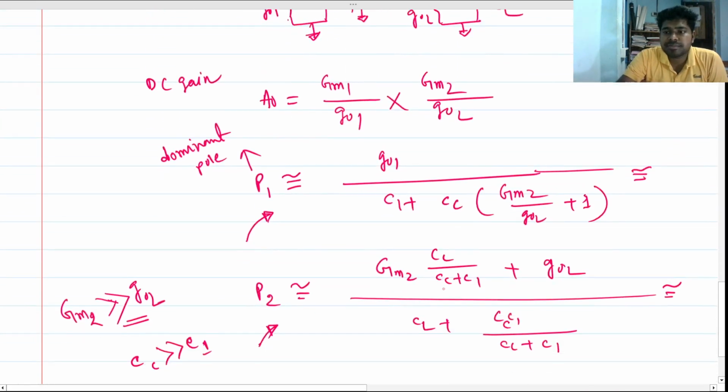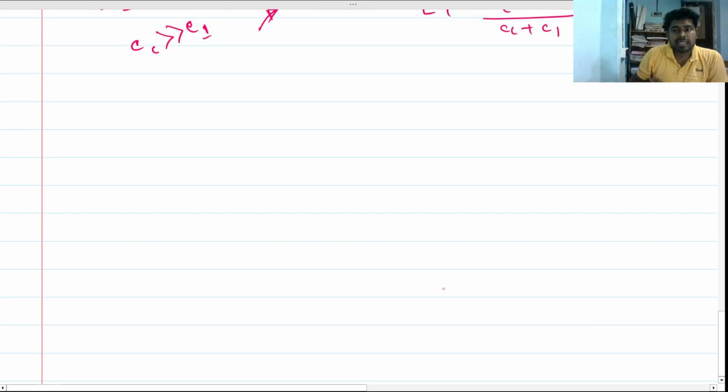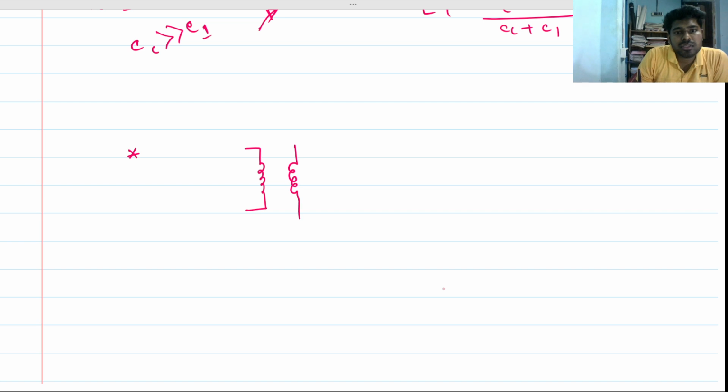After that, he asked another circuit, a transformer based circuit. Sir said this is a 1:1 transformer, and here we are giving sine omega t.